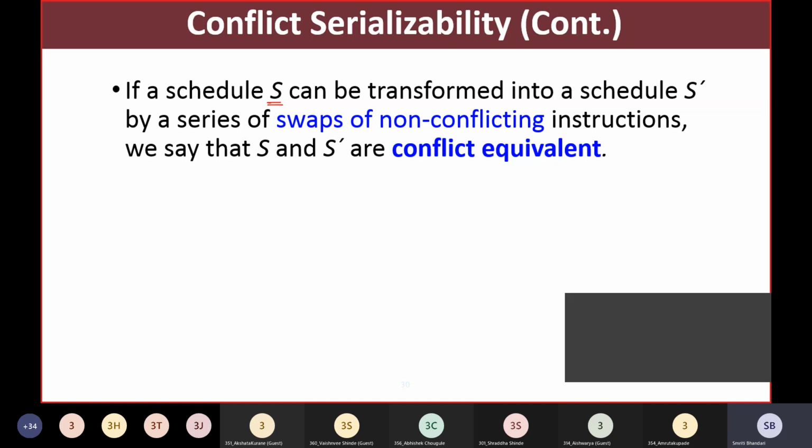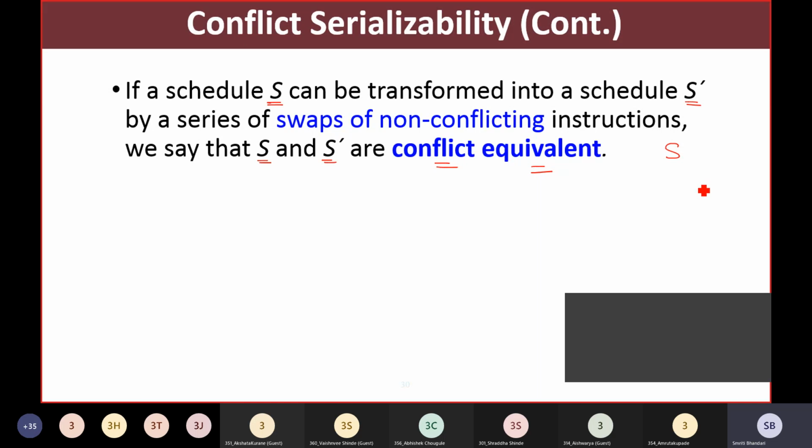Right? So let us see one example so that we can understand this concept well. Initially I have this schedule S, and by swapping non-conflicting instructions, I produce another schedule, say S dash. Then I'll say that S and S dash are conflict equivalent.